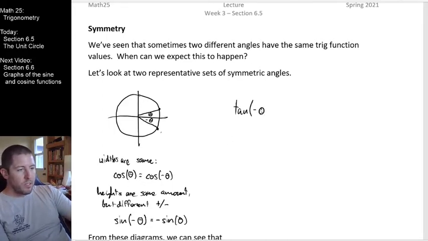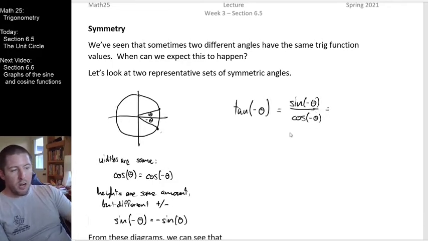So let's ask ourselves, what's up with tangent of negative theta? Well, this should be sine of negative theta over cosine of negative theta. We just determined how to evaluate both of these. Cosine of negative theta is straight up equal to cosine of positive theta always. Sine of negative theta is the same as negative sine of positive theta.